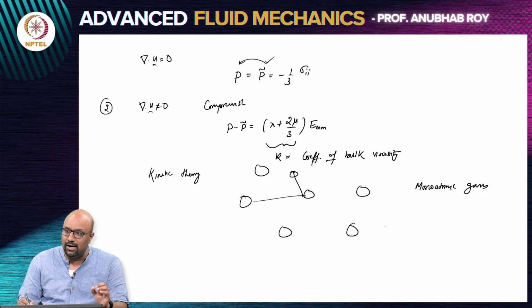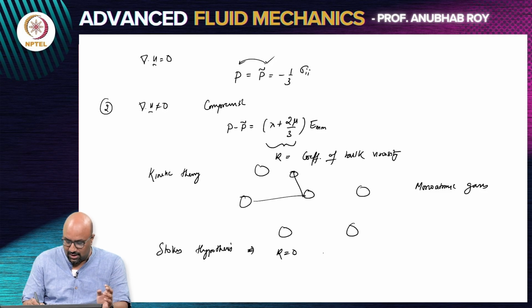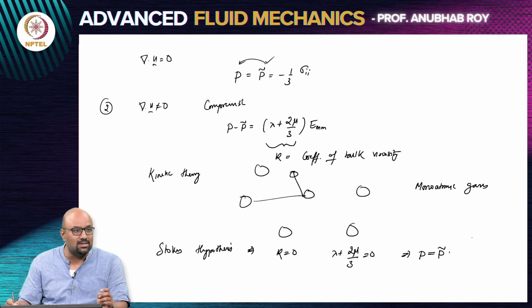So, typically when we do fluid mechanics for compressible flows, we invoke something which is known as Stokes hypothesis, that says that the coefficient of bulk viscosity is 0, which means lambda plus 2 mu by 3 is equal to 0. The consequence being that even if the system is compressible, you still would go ahead by saying that thermodynamic pressure is the same as the mechanical pressure.